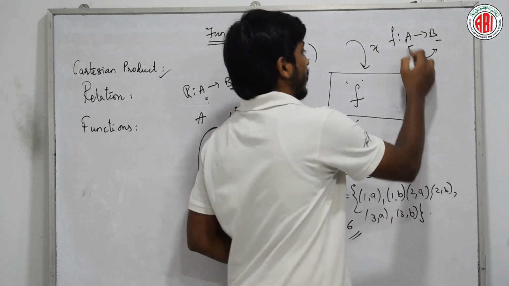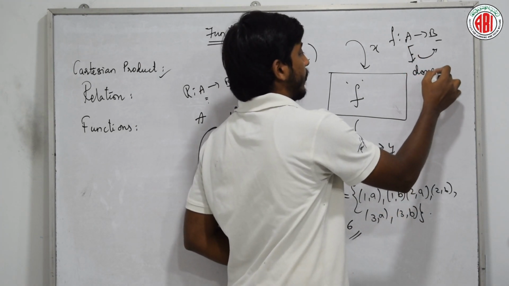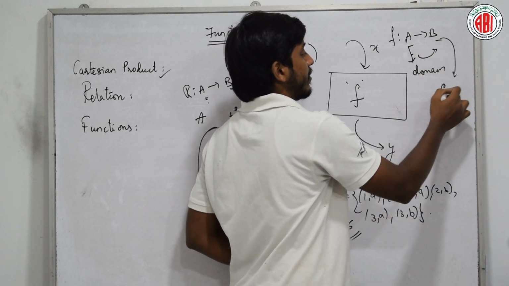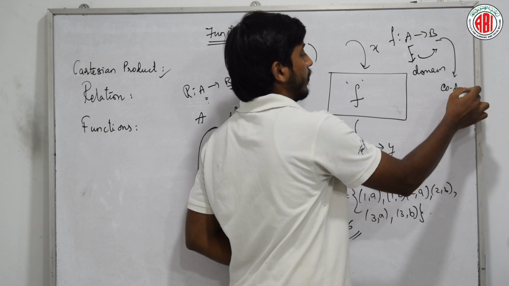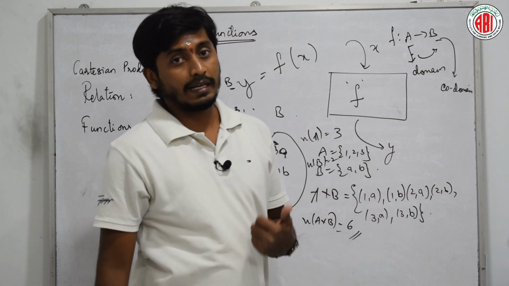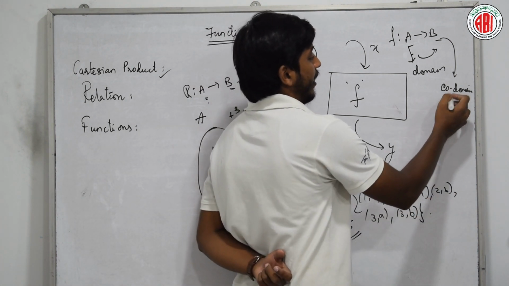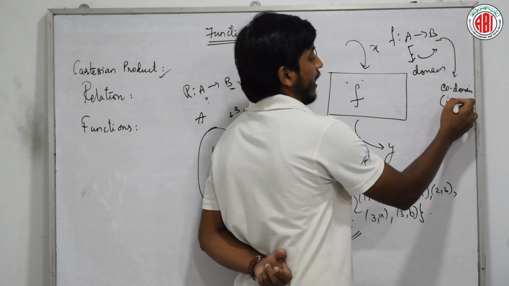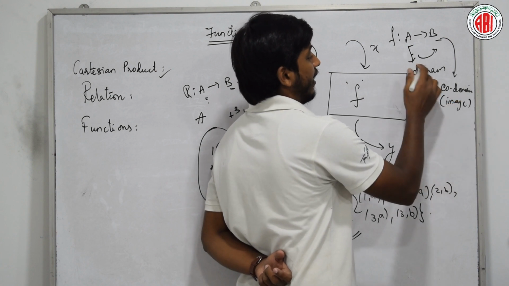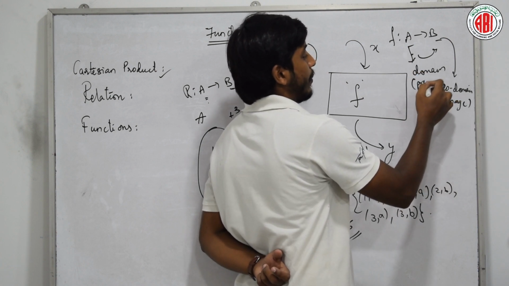A is called the domain and B is called the codomain. We can also call the element in codomain the image and the element in domain the pre-image.